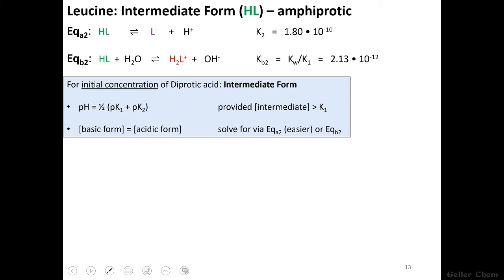And typically, it's easier to use this acid equilibrium here and solve for the concentration of L-, and then that's just going to be equal to this concentration here. Again, we'll prove that momentarily. For now, you should honestly write down everything on this slide since it's very new compared to anything we've seen so far. So pause the video and write.